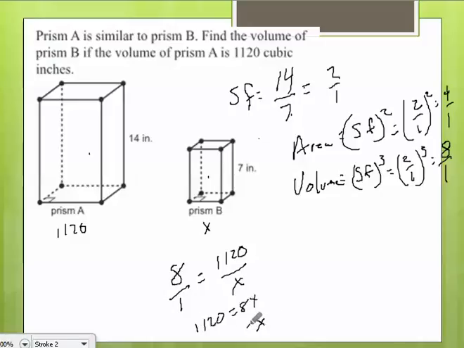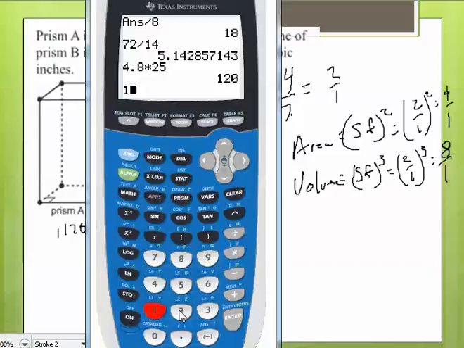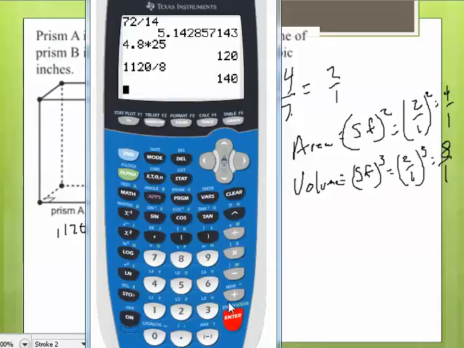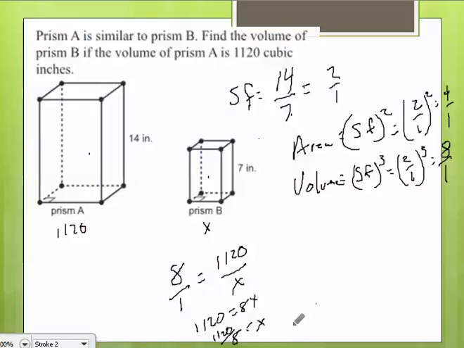That's x is equal to 1120 divided by 8. I can't do that one in my head. 1120 divided by 8 is equal to 140. X equals 140. So the volume over here is 140 inches cubed.